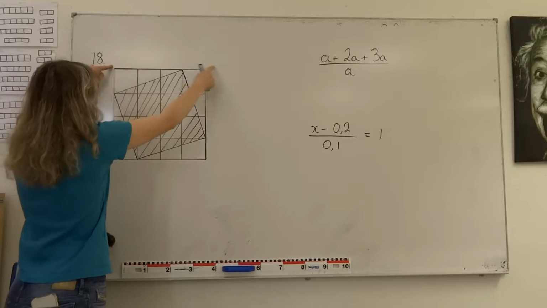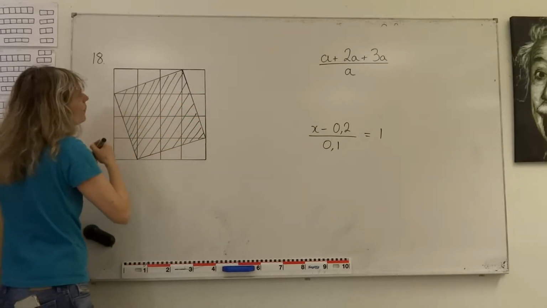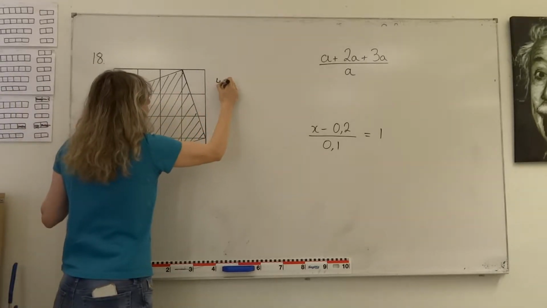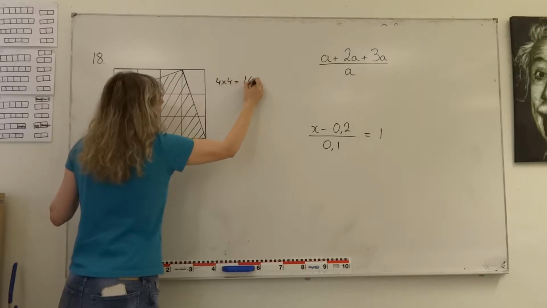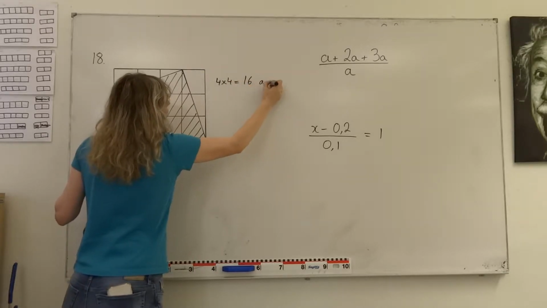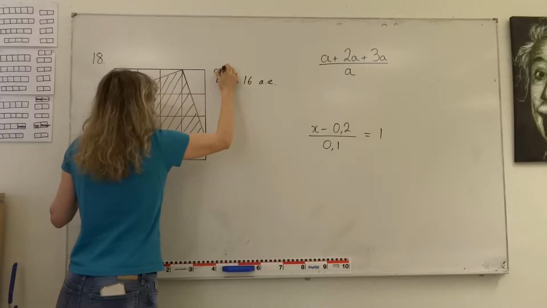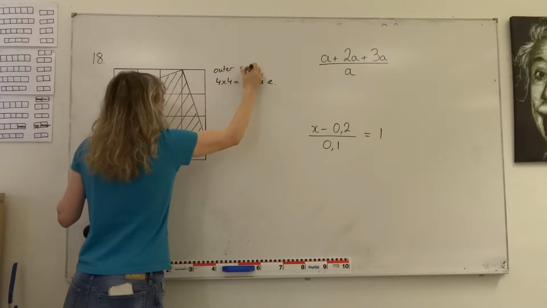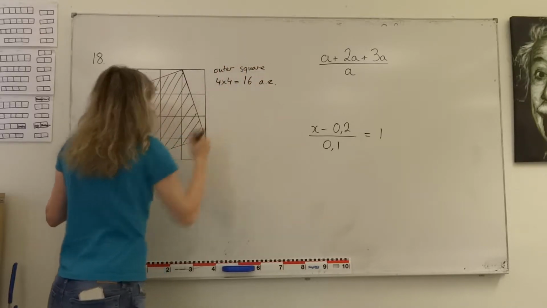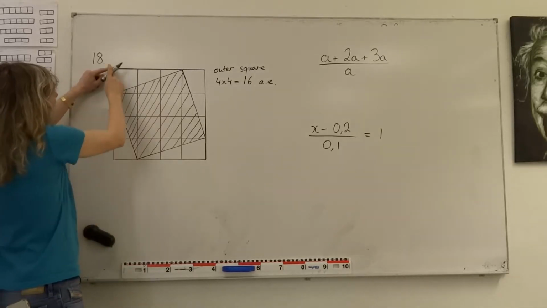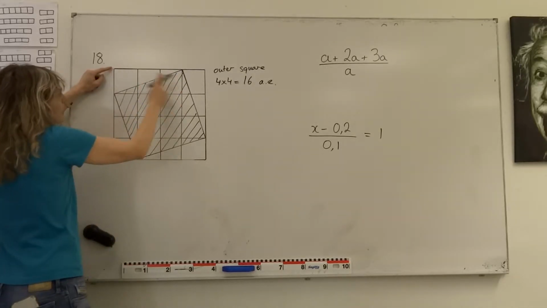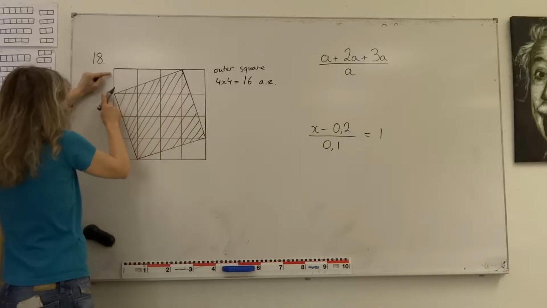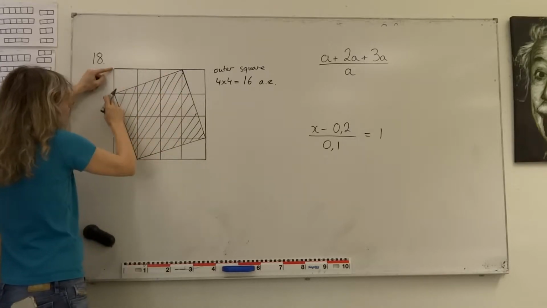One is to work out the area of the outer square, which would be 4 times 4, which is 16 area units. So the outer square has 16 area units, and then we have 4 small triangles here that are all 3 centimetres long and 1 centimetre wide.